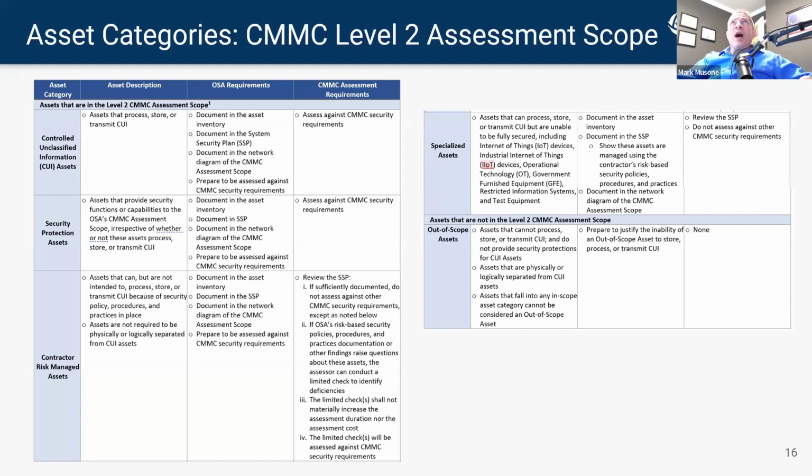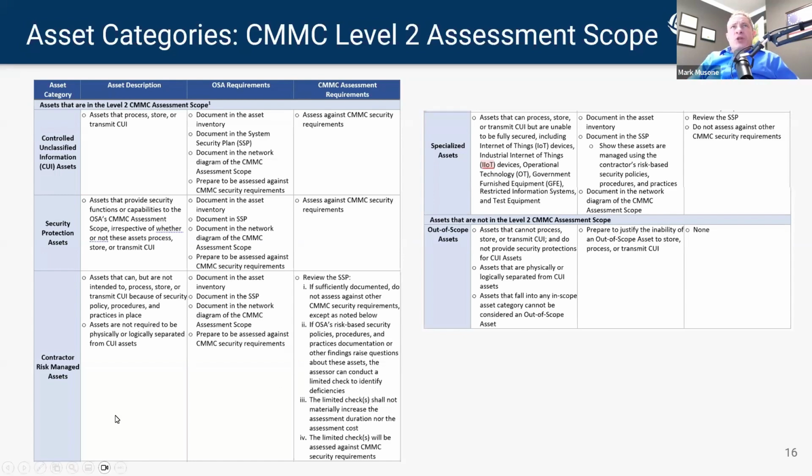So it opens up a little bit to allowing the assessor to determine that there might be some of the 110 security requirements that are not relevant, so they won't be assessed against those particular ones. That's an example of the minor changes. They do make a significant impact, but everything we're talking about are very small changes and very easy to understand. So in the final rule, it's going to be assessed against relevant CMMC security requirements, which lowers the bar a little bit.